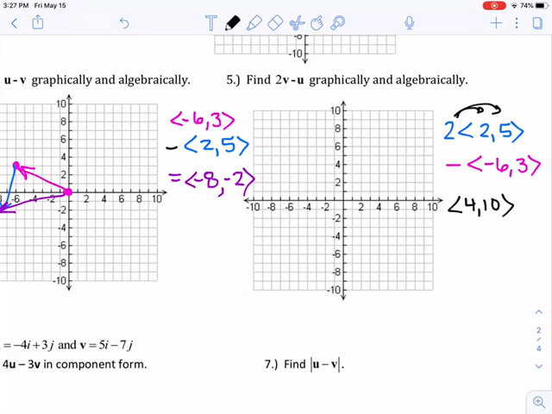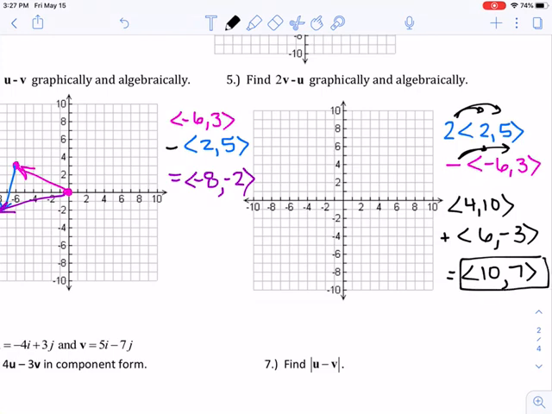A lot of times it's nice to distribute that negative and change that to a plus. So if I distribute that negative, I'm going to have 6, negative 3. That's going to give me a final vector of 4 plus 6 is 10, and 10 minus 3 is 7. So we can find our sum or difference algebraically.